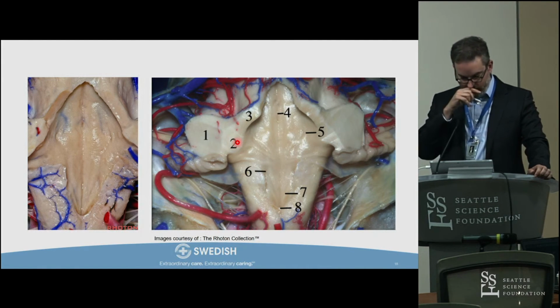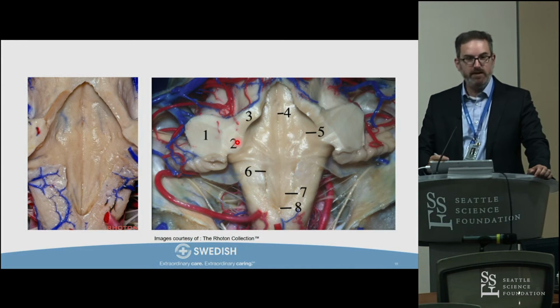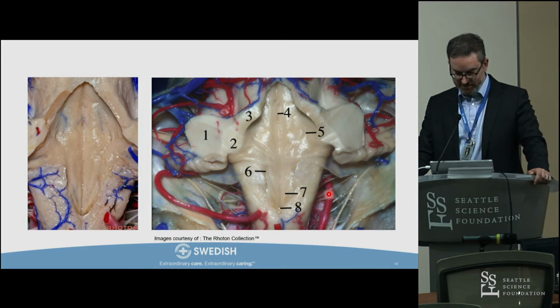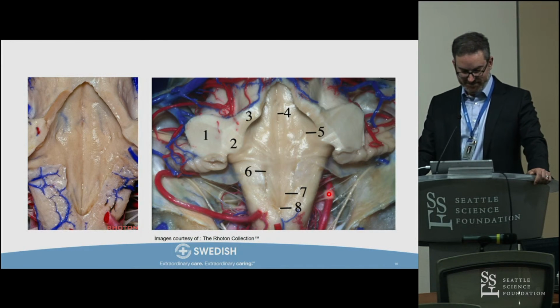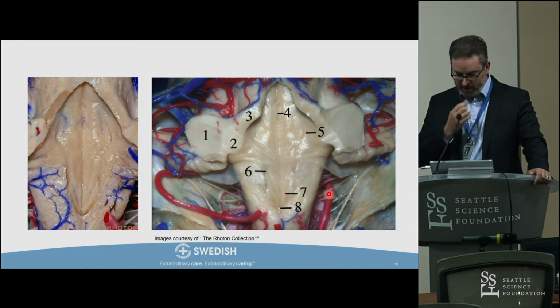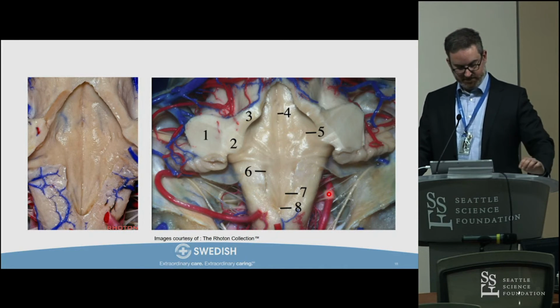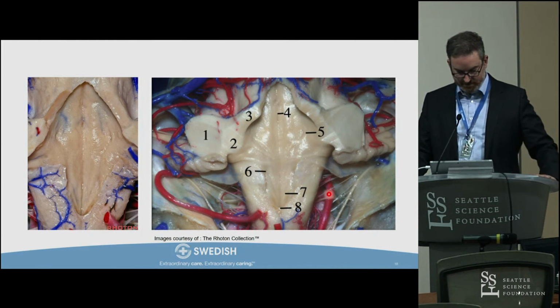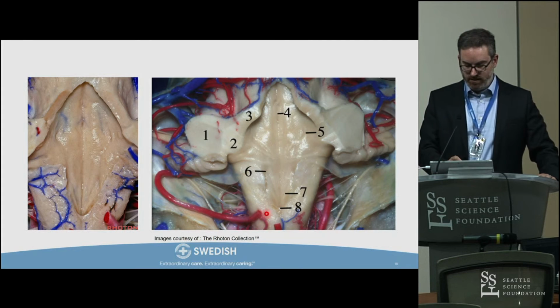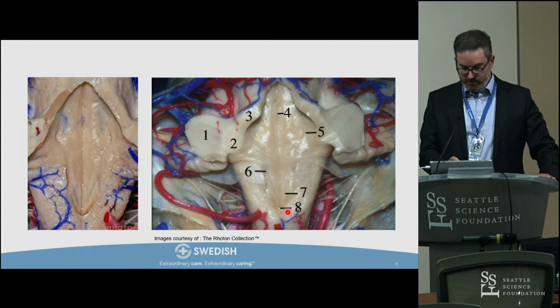All right. Well, since you're on a roll, 6, 7, and 8. Yeah, so 8 is obex, and 7 is, you said hypoglossal trigone, not triangle.